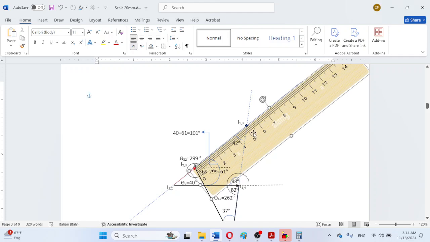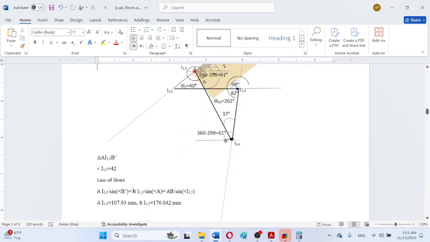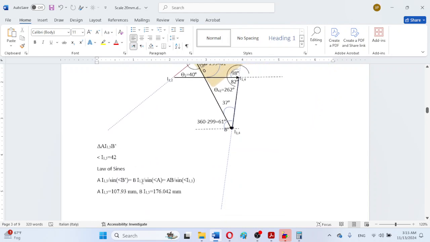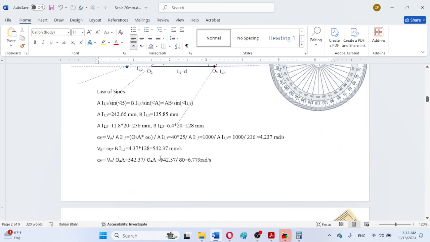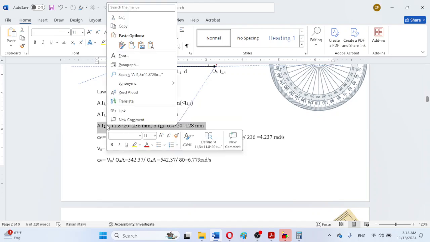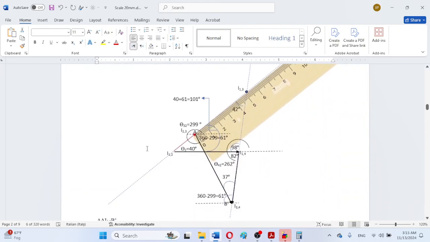Here we can observe that this scale is showing 5.12, for example. So we can just copy this line and paste it there.